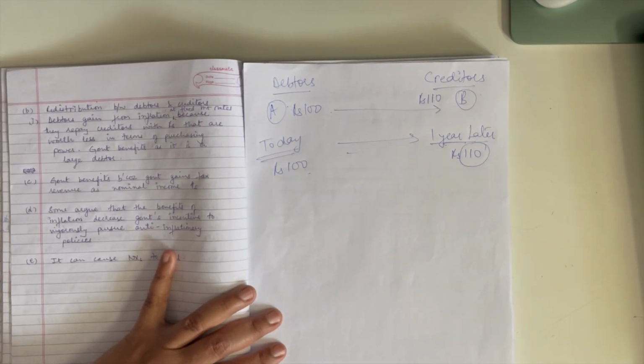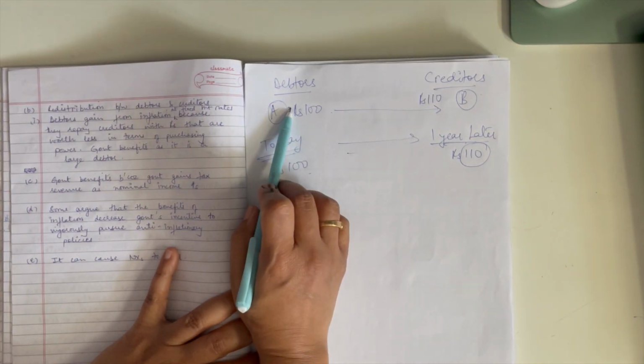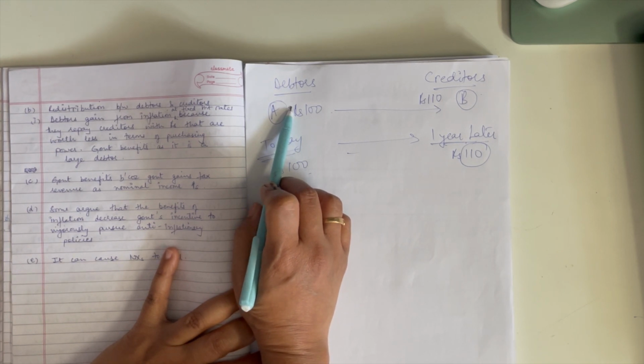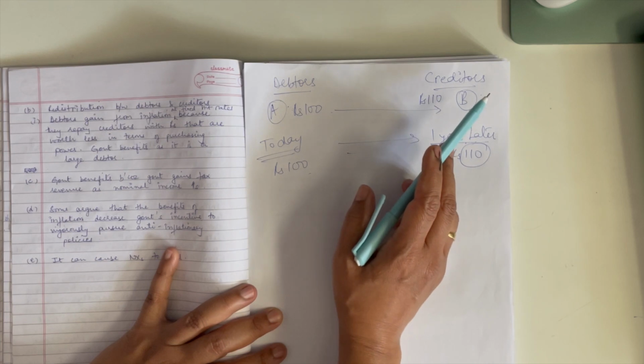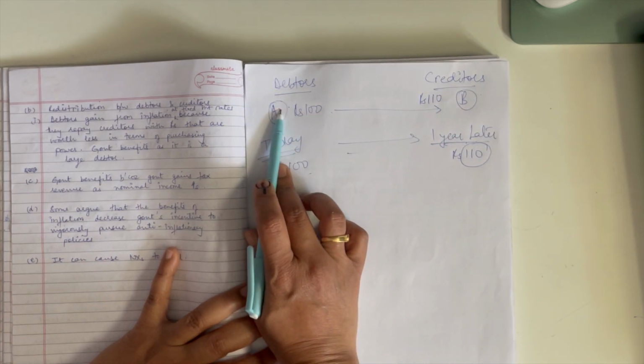Now let's see how the creditor is at a loss and the debtor is at a gain when there is inflation. How does inflation hurt the creditor and benefit the debtor?